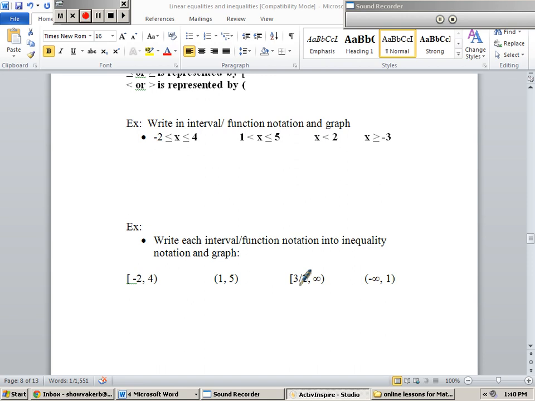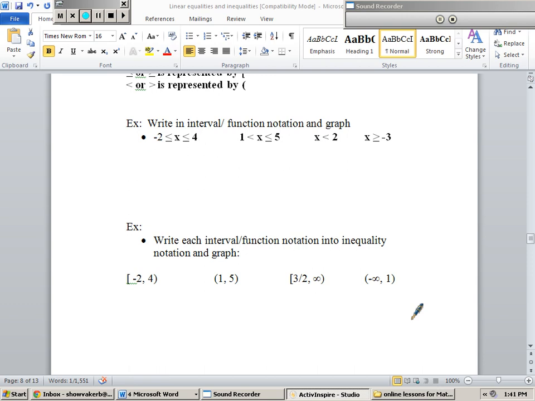This says the 3/2 is greater than or equal to x, because x starts at 3/2 and goes forward. In this one, x starts at 1, not including 1, and goes below. So x is less than -1.